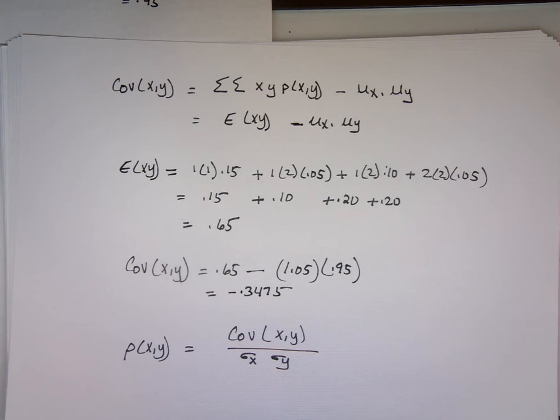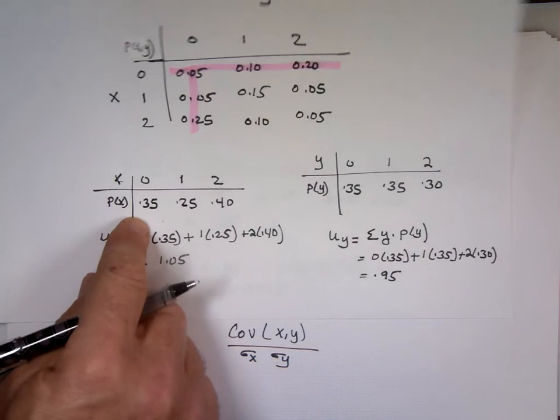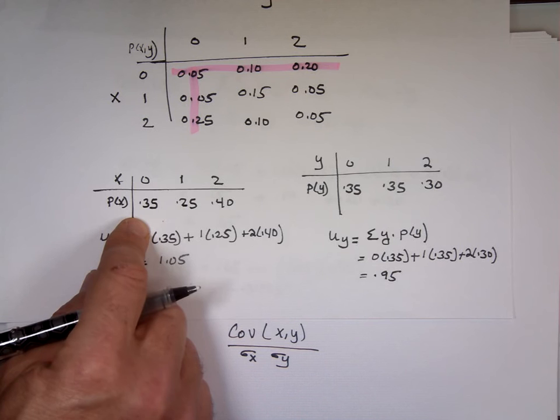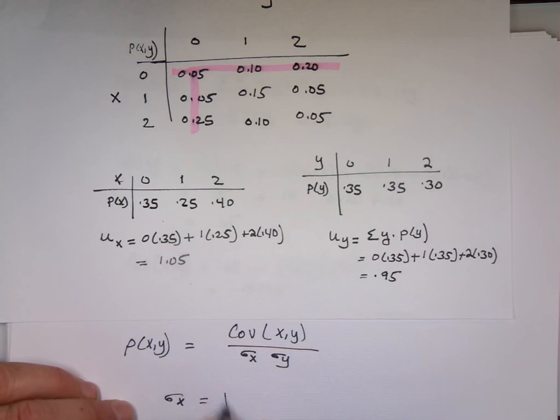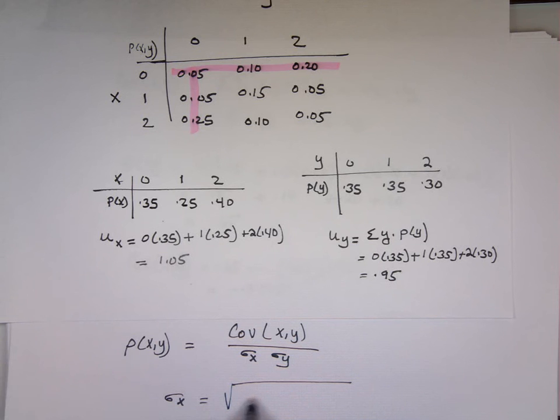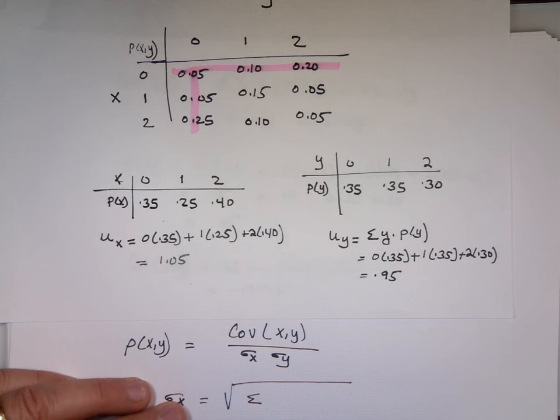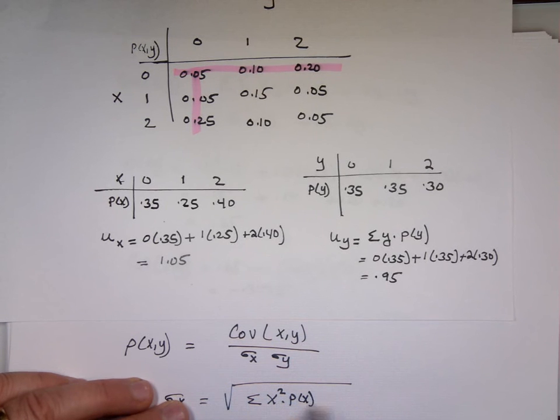Remember that from before, standard deviation. How do we get the standard deviation? Square root of the sum of x squared px minus what? Squared. Yep.